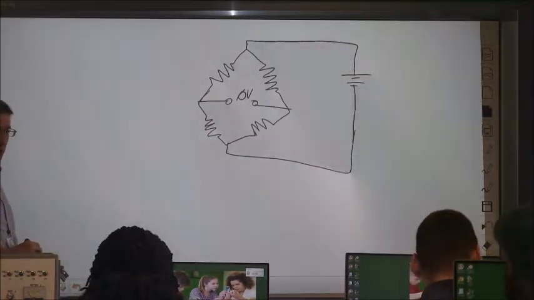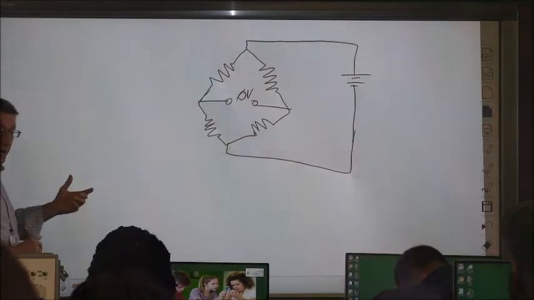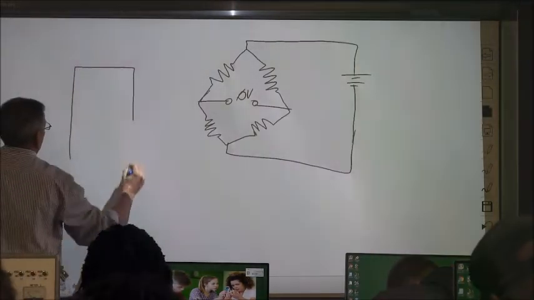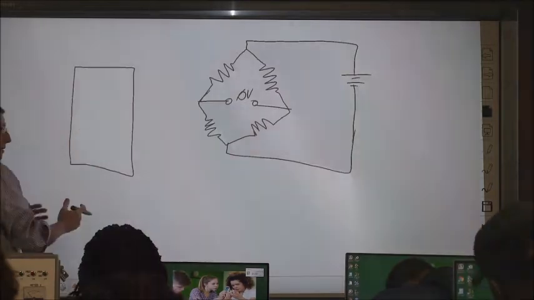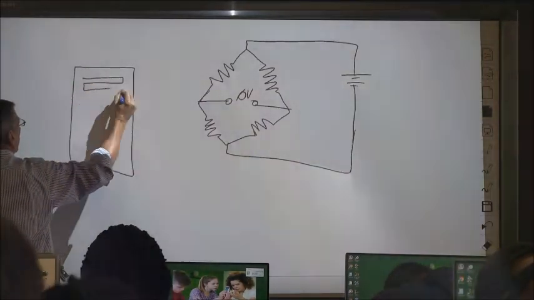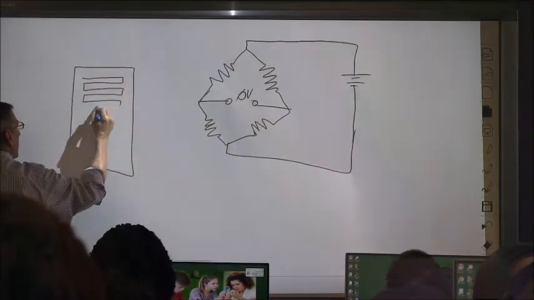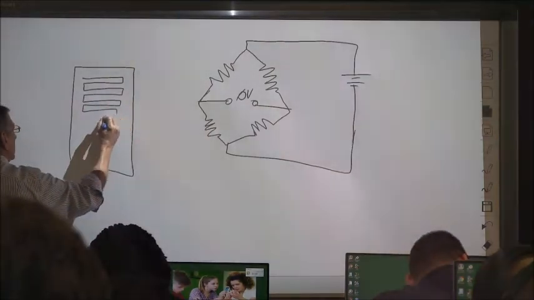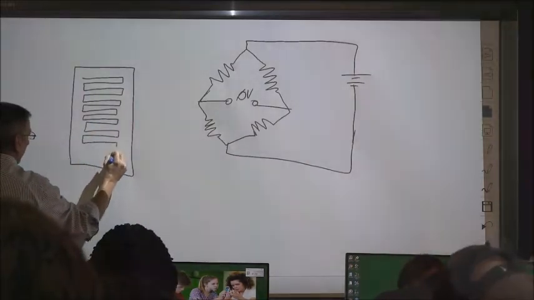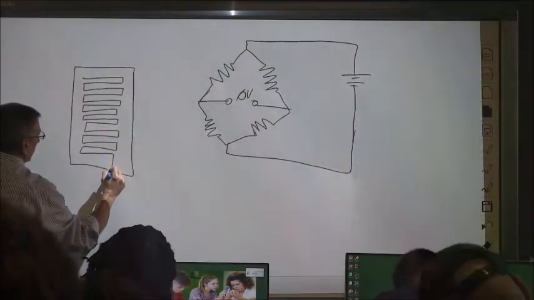Except in a load cell, it's a resistor, but it's a strain gauge, which is basically like a piece of mylar, if you've ever seen them before. It's got a single copper trace. It's just long. Yeah, it looks something like that.